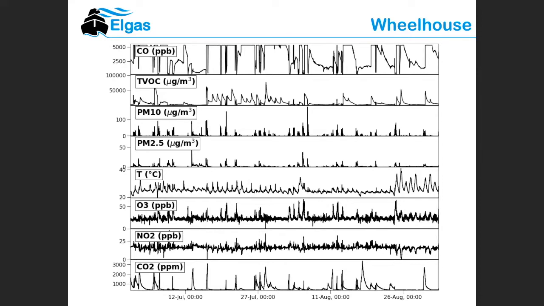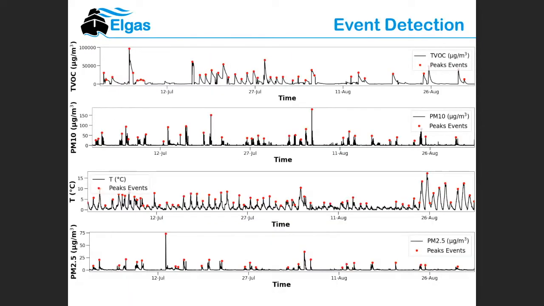But okay, we are able to say that the environment is changing here, and we would like to see if there is some relation between the parameters. For that reason, we performed an event detection analysis where we corrected the baseline of each single environmental parameter, and then we obtained the maximum values above a certain concentration value.